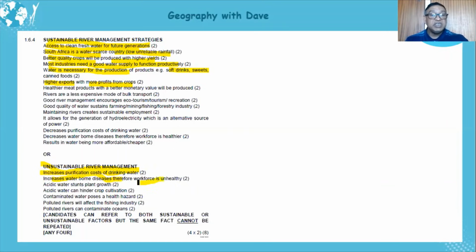Therefore, the workforce is unhealthy. They can't work well because they get sick. All right. Acid water stunts plant growth. Can you see, with all the chemicals coming in from industries, etc., the plant growth doesn't go well. Okay? Contaminated water poses a health hazard. Polluted water will affect rivers and the fishing industry. Okay? Can you see? So it's the other way around.